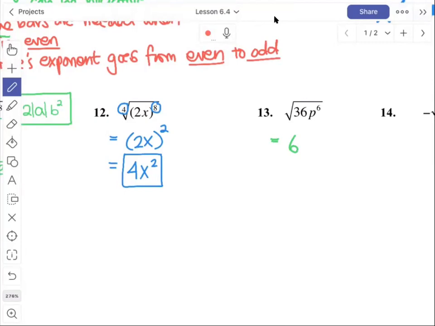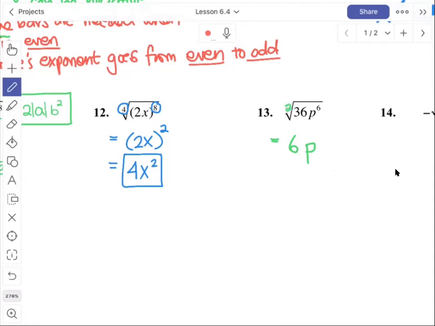Does the p stay the same? Yeah, so stay with the p. The exponent will change though. So what will the new exponent be? I don't know. Okay, that's okay. So what is the index for this root? It doesn't say. So what is the index? 2.